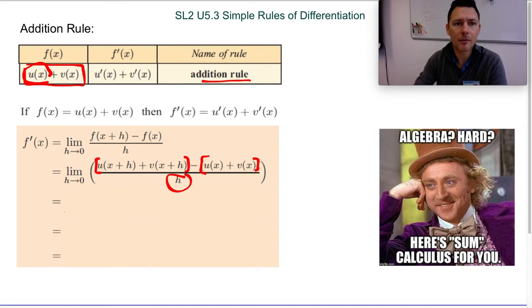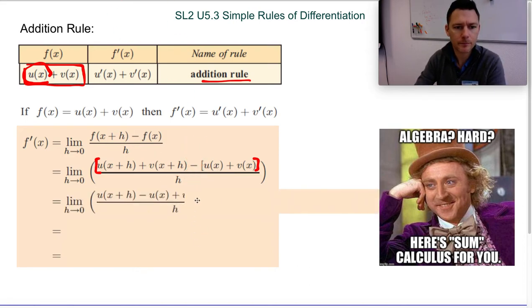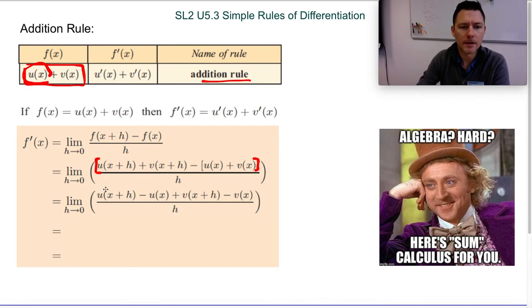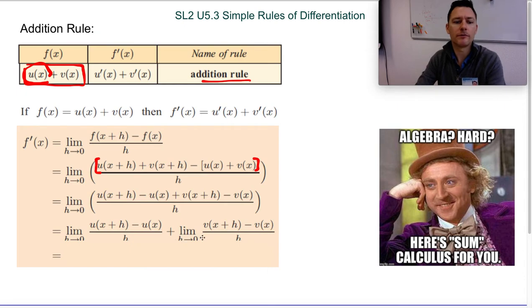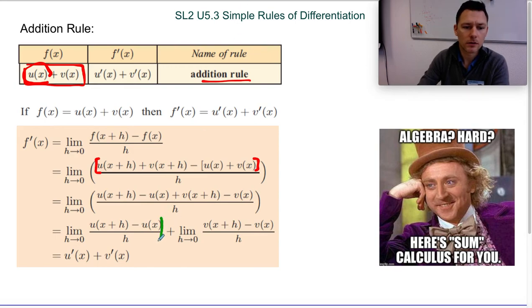If you clean that up, it looks like this. If we distribute this in and clean this up a little bit, it turns into this, and then we can move all of the pieces to one side or the other with the v's on one side and the u's on the other, and this really turns into this piece. This whole chunk is really just the derivative of the u's, and this chunk is the derivative of the v's.